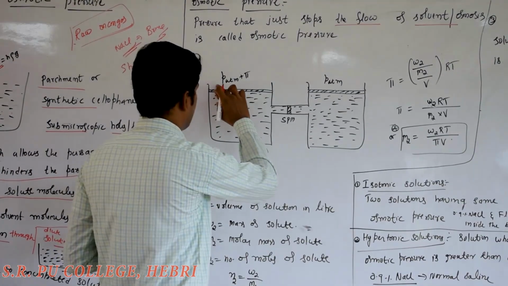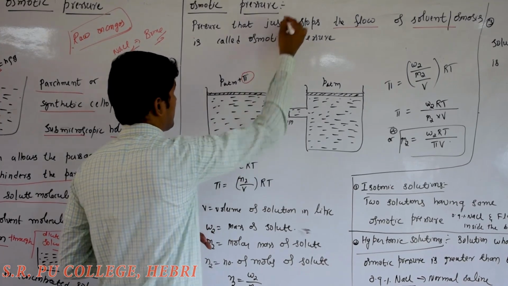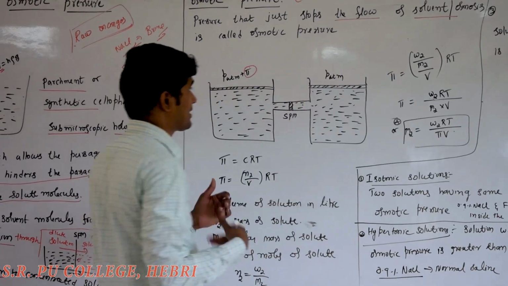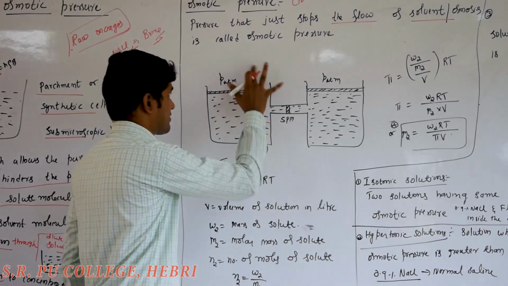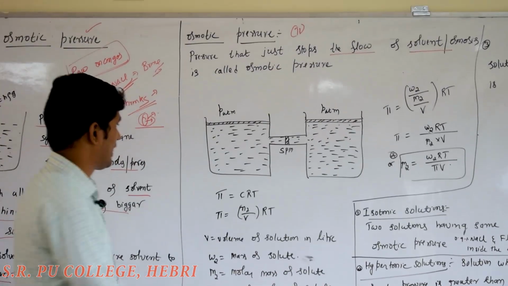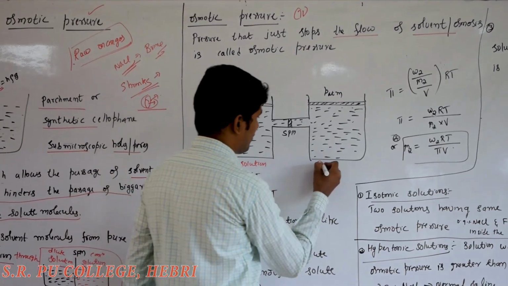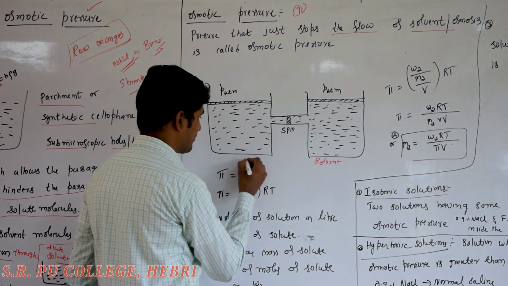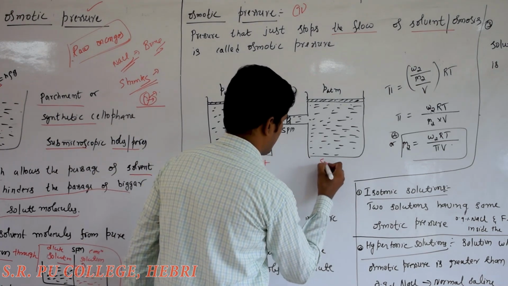See here I have written P atmosphere plus pi. Here pi is nothing but osmotic pressure. So this is P atmosphere, means atmospheric pressure. So now I'll take this system. Here I have solution, here I have solvent, or here you can take solvent, here you can take solution.